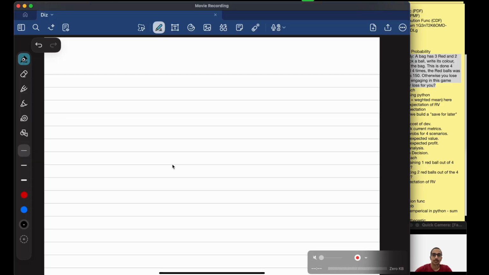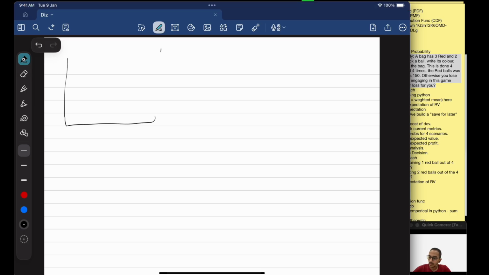Let's draw the bag once just to visualize it. So it has 3 red balls, 1, 2, 3, and 2 blue balls, right?